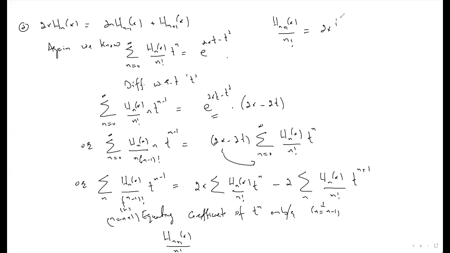This will remain as such, h n of x divided by n factorial, minus 2 into, this is n equal to n minus 1, it will be twice h n minus 1 of x divided by n minus 1 factorial, right? N minus 1 factorial, t raised to power n. I am not going to write this, so this will be t raised to power n.